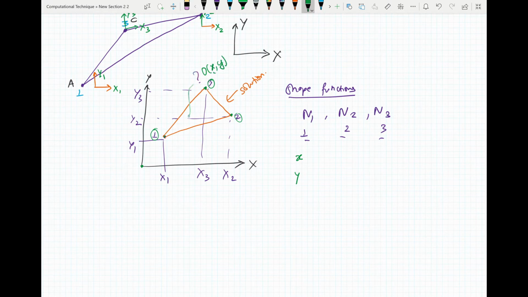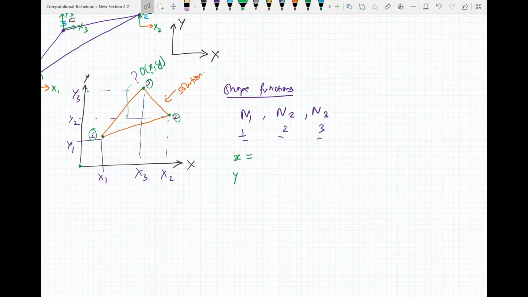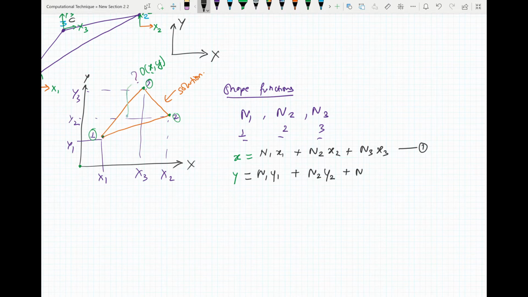Now let's say your x equals, as you saw before, we write our equations in terms of shape functions: n1 x1 plus n2 x2 plus n3 x3. That's your first equation. And then you write your y in terms of natural coordinates as well: n1 y1 plus n2 y2 plus n3 y3. These are 2 equations, and there are 3 unknowns.